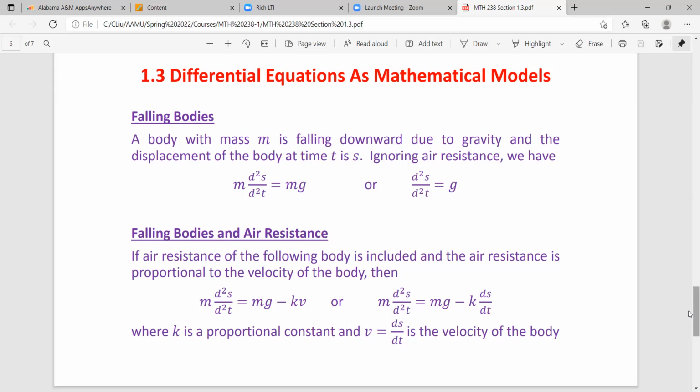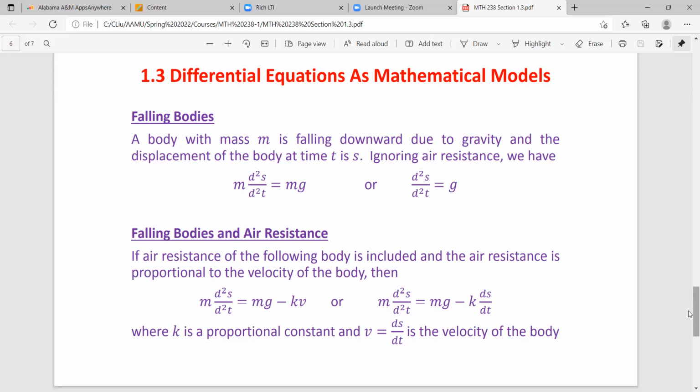If air resistance of the falling body is included, and the air resistance is proportional to the velocity of the body and opposite to the direction of the velocity, of course, then we just include the force from the air on the right side, which is negative kV, because it's always opposite to the displacement or velocity.